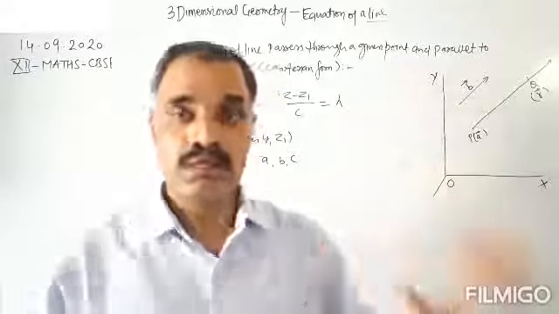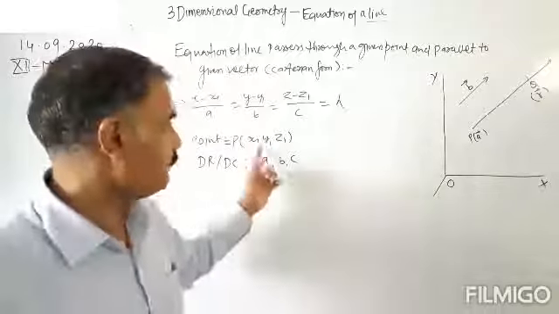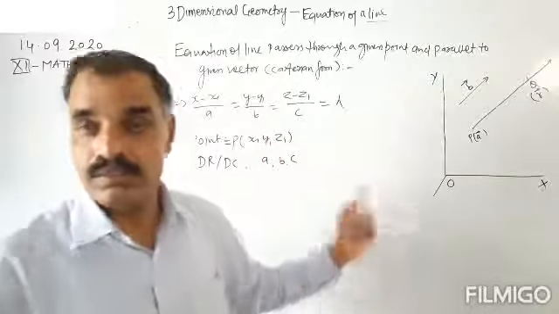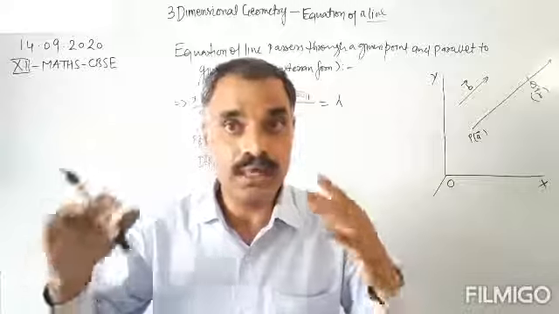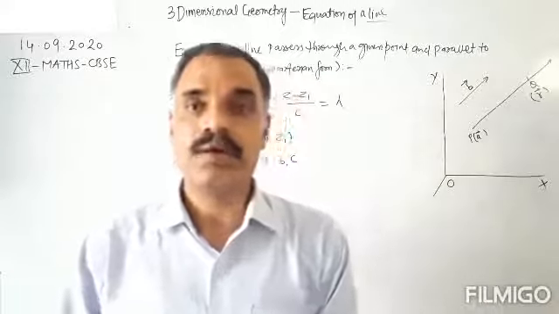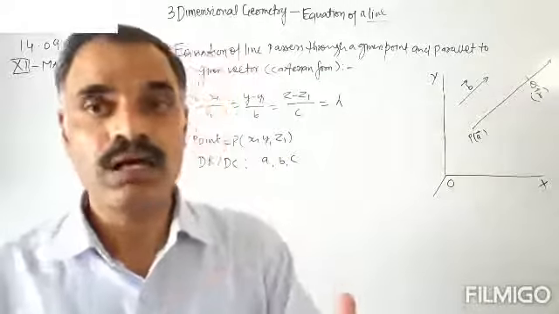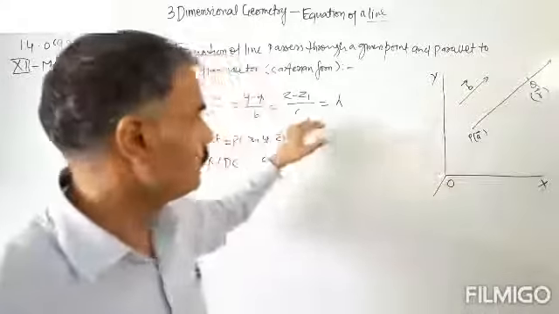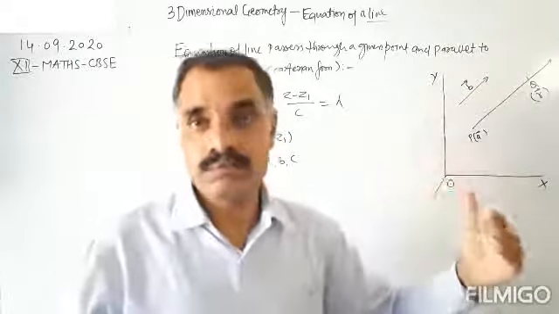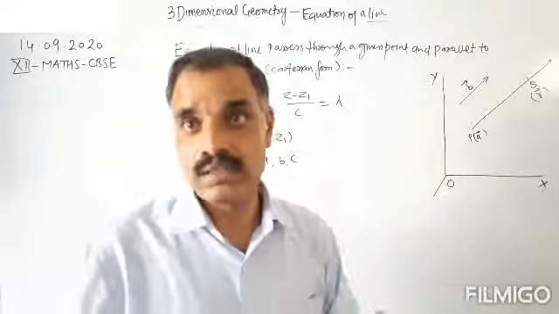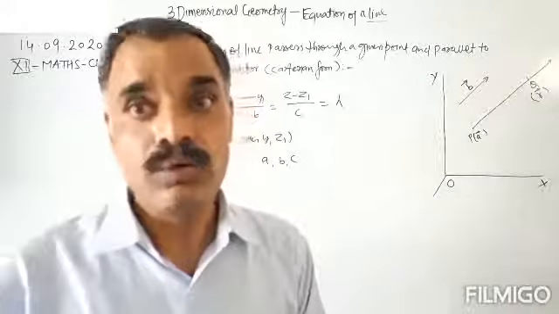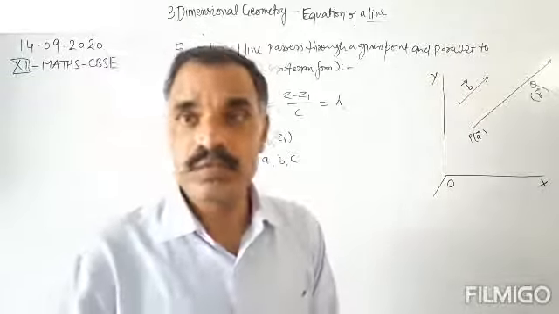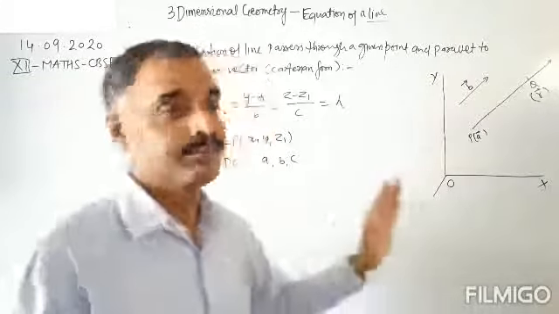Now this is the given point. If we want to find any point on the line, note this is also called the symmetric form of the equation of a line. We can find any point on this line.